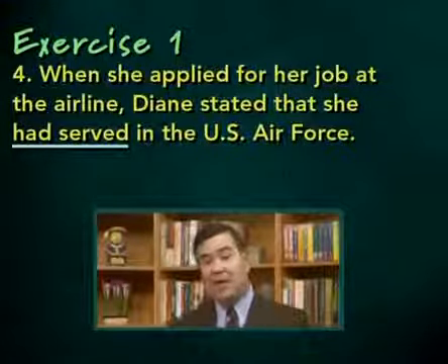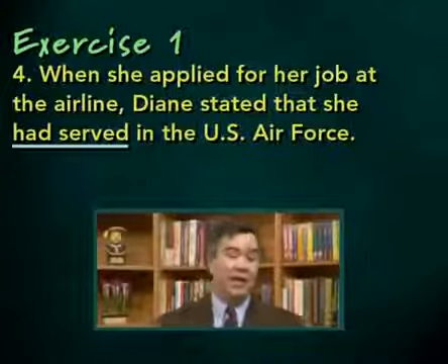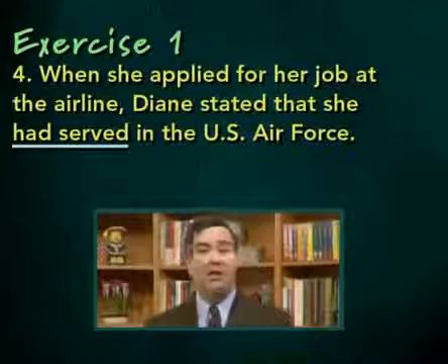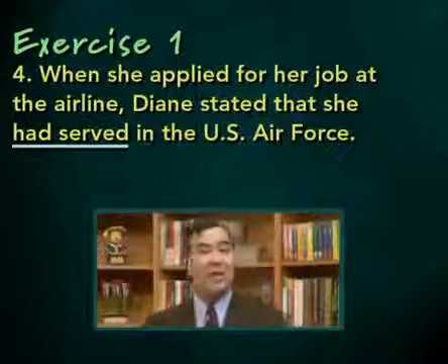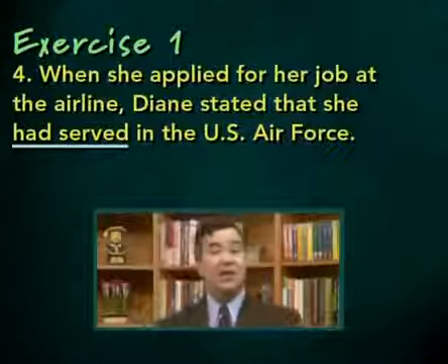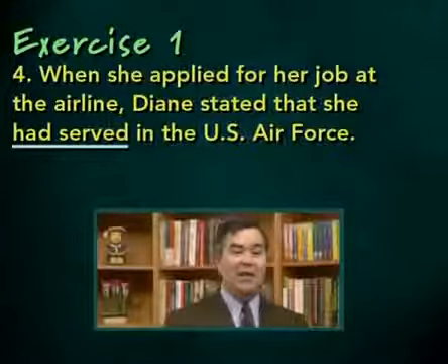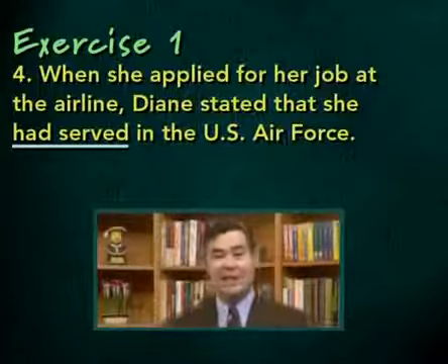That's another past event, and that took place at the same time as the application. And that makes sense. Part of the application for the job is explaining about her background. So she applied, she stated. Those are 2 past tense events, both described using the same verb tense and both describing events in the past happening more or less simultaneously at the same time.